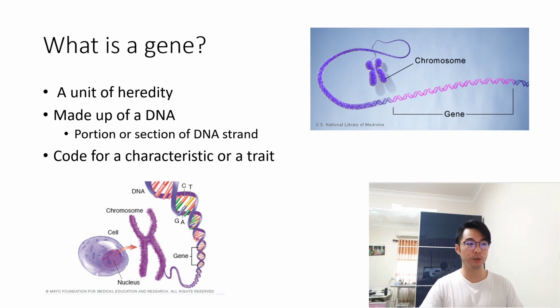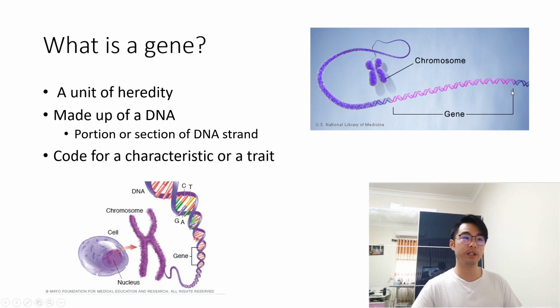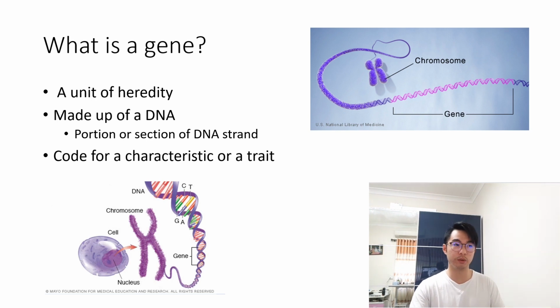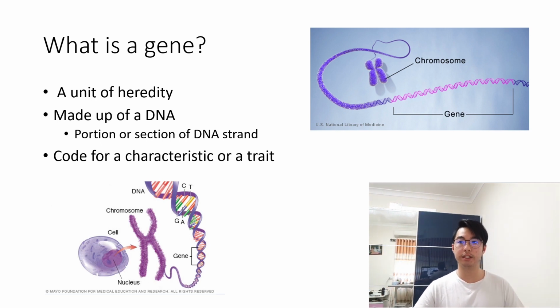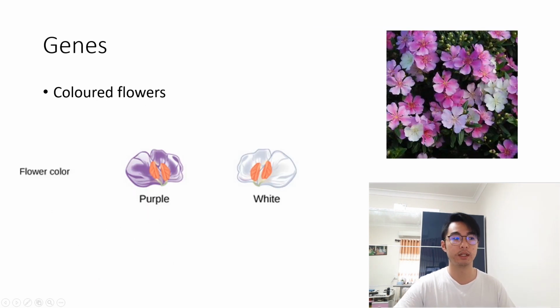And genes code for a characteristic or a trait. More specifically, they code for a protein, which is then expressed through a characteristic or a trait. So one small section of DNA, or it could be huge, depending on the type of gene or what it's coding for, they'll have different sizes. And so that's genes.